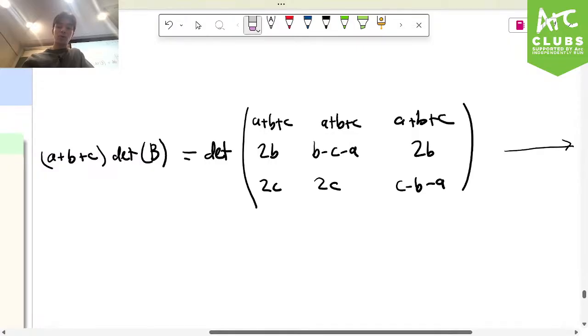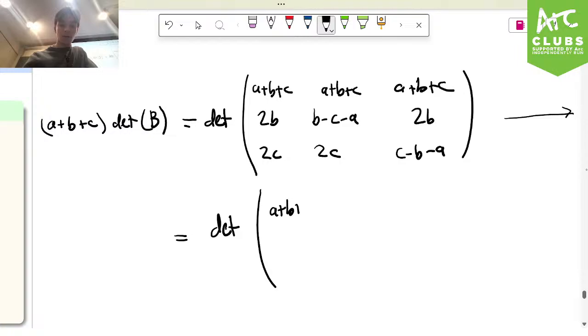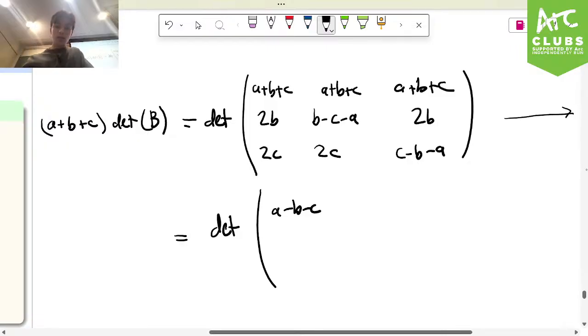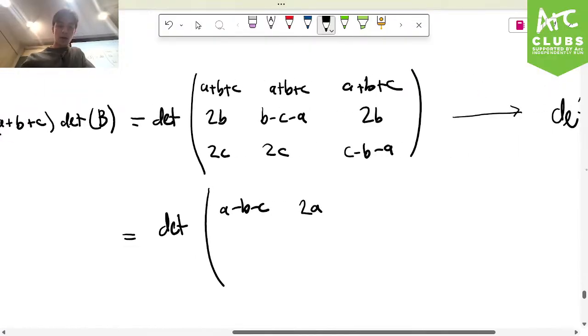So actually what we want to do is convert this to this matrix. Yeah, we could just rewrite it as A minus B minus C. This is going to be minus 2C, and it's going to yield 2A there. Yep, 2A there. 2A is going to be here as well.